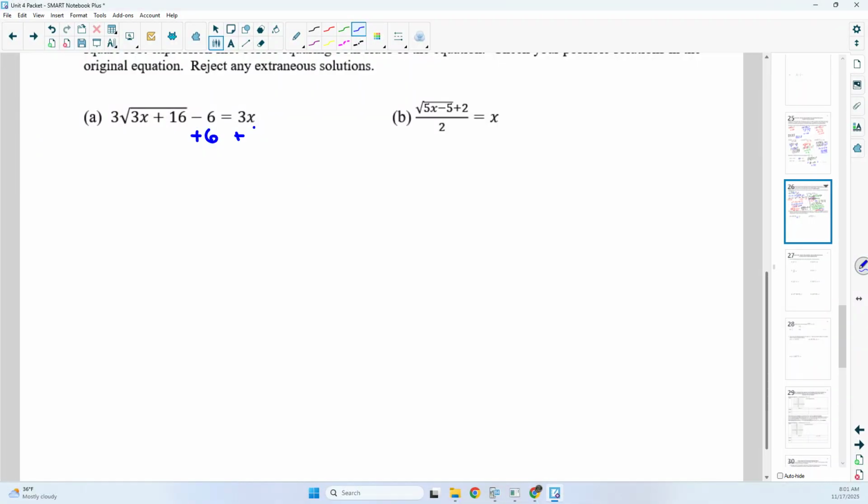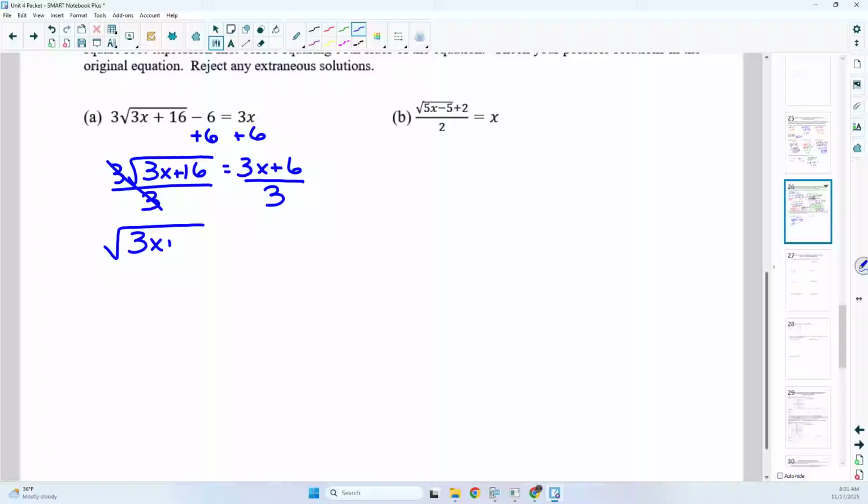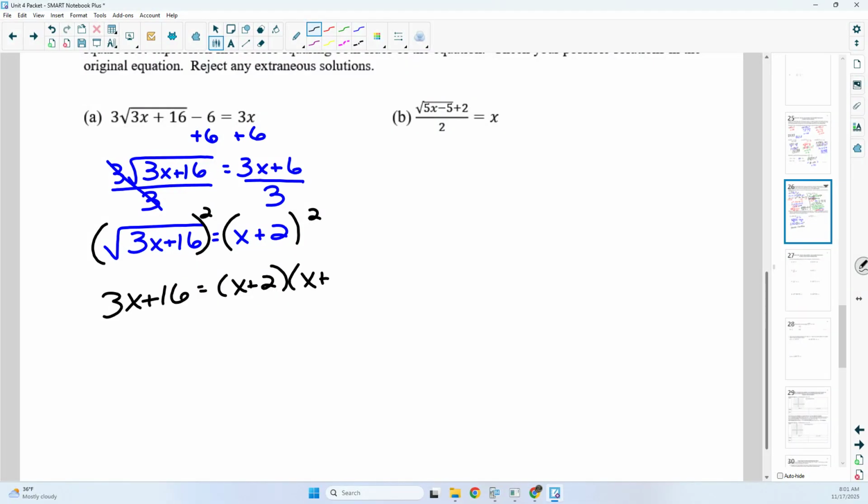So I'm going to add 6. And divide by 3. So now I'm ready to square both sides. In my head, so I have 2x, 2x is 4x, and 2 times 2 is 4.